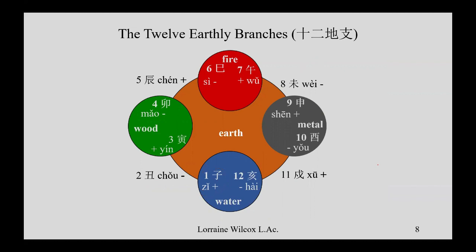So this is how the 12 earthly branches work. And when you have all 5 elements in a circle with earth as one part of the circle, not in the center, that's based on the 10 heavenly stems. That's how heaven looks at the 5 elements. To heaven, earth isn't all that important. But in the 12 earthly branches, earth is much more important here on earth.